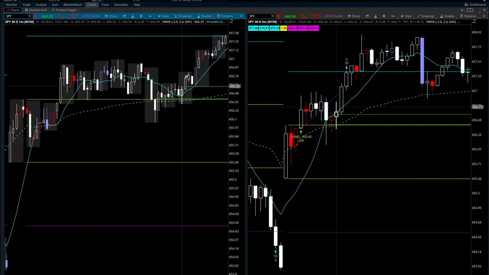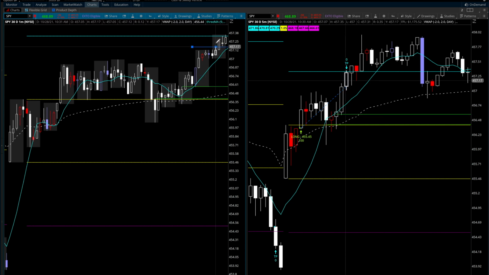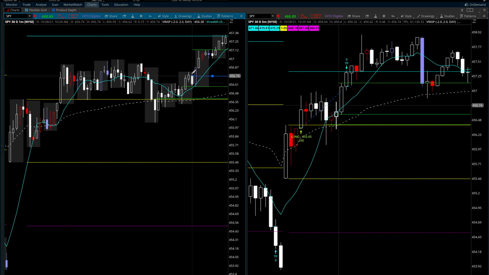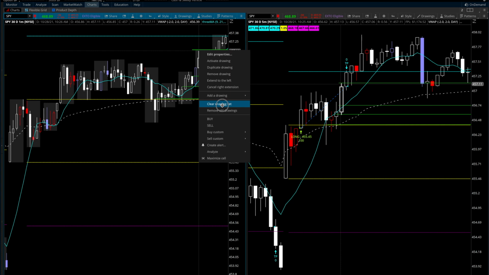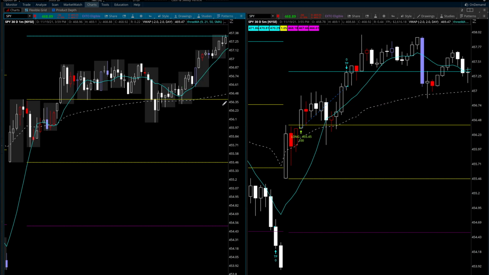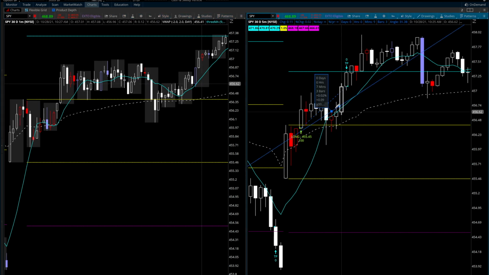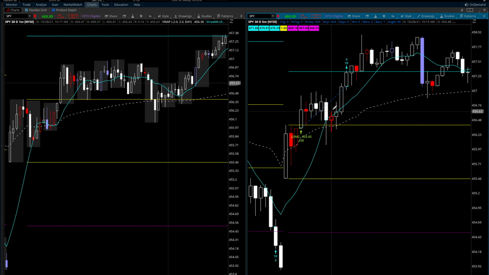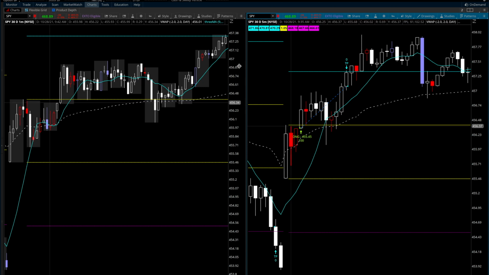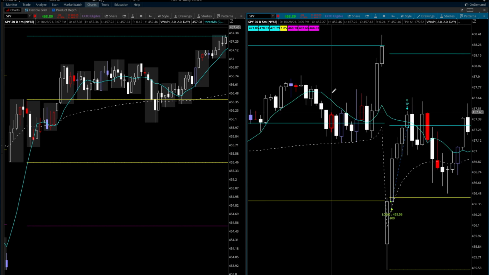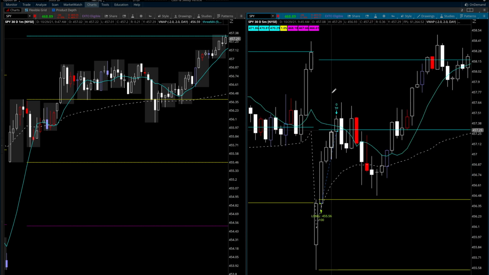Maybe you start adding on these if you want until you get to your target. That's also totally up to you and how you trade. Maybe you also want to use the long signal and wait for a 5-minute, and that's how you choose to trade this. But like I keep saying, it's very adjustable to each person.